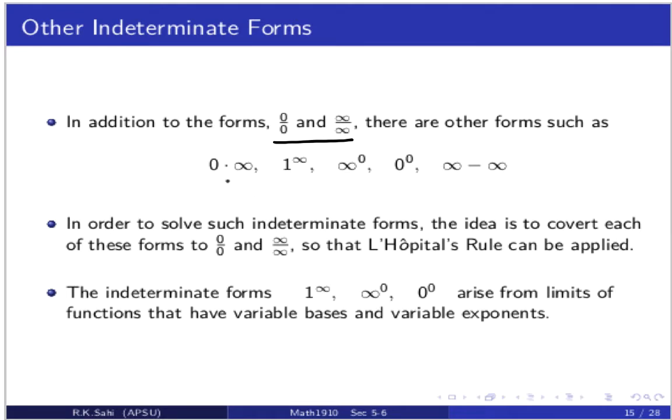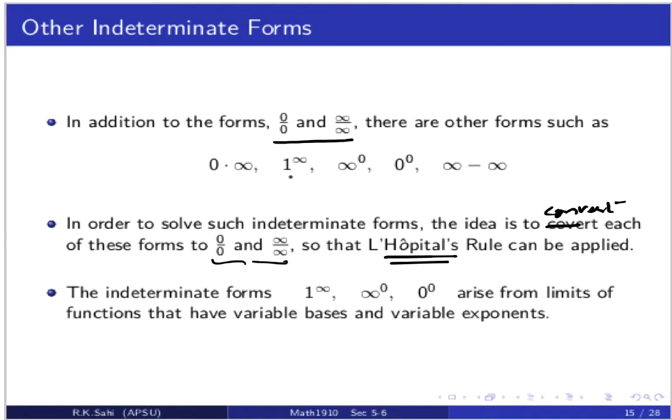Now, if we have expressions of these forms, the idea to solve these indeterminate forms is to convert each of these forms to either 0 by 0 or infinity by infinity, because the L'Hopital's rule can only apply to indeterminate forms of these kinds.